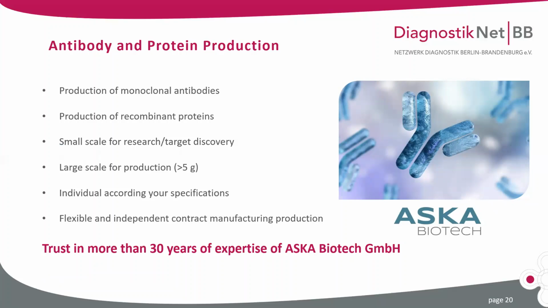ASCA is a company having a high potential in the production of monoclonal antibodies and recombinant proteins. Both of them are essential to build diagnostics in this field. And the advantage here is there's a small scale facility for research and target discovery, but that can be taken over to an upscaling large scale of production larger than 5 grams, and that is already quite a number if you consider this to be a source for routine production of diagnostics.